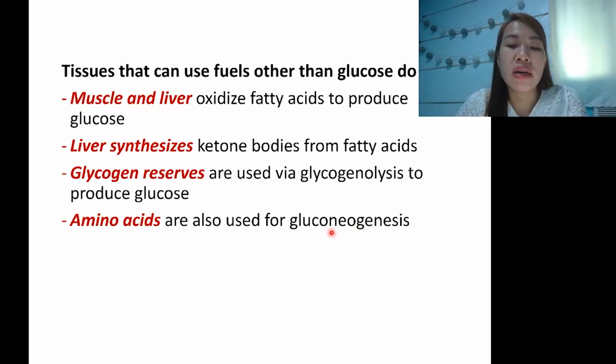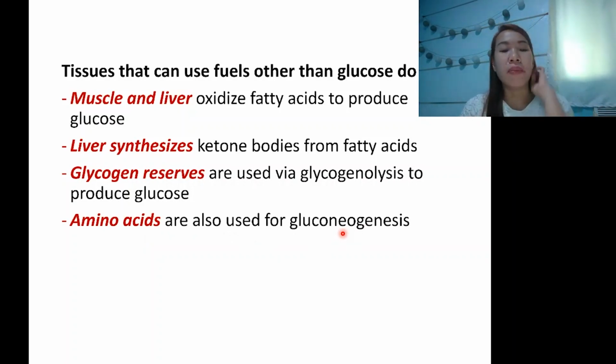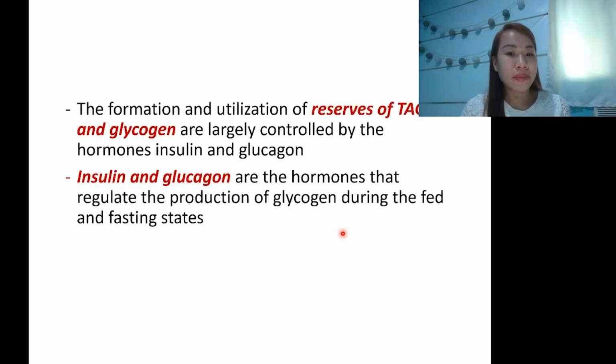When you see the root word neo, it means new, meaning we are going to use a new source to produce glucose. And what is that new source? It's amino acid. We know amino acids should produce proteins, right? But since we need glucose in a fasting state, we try to look for new sources of glucose, such as the building block of our protein, amino acid.